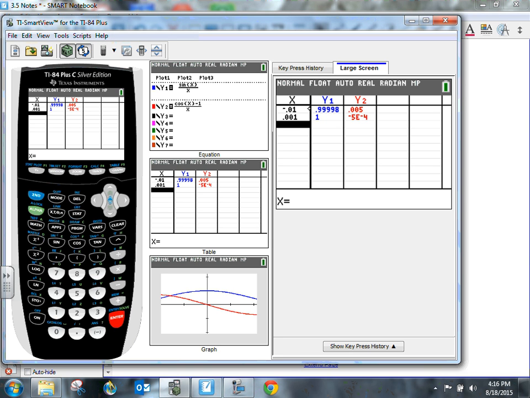Since we are so close to 1 already at negative 0.01, as we get closer and closer, the calculator is just going to say 1. And then this negative 5e to the negative 4 means that I've got 4 zeros before I get a 5. So that's really, really small. So that's like 0. This is like 1.